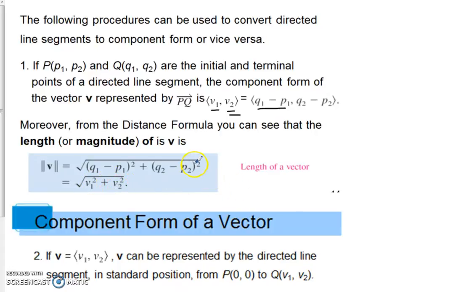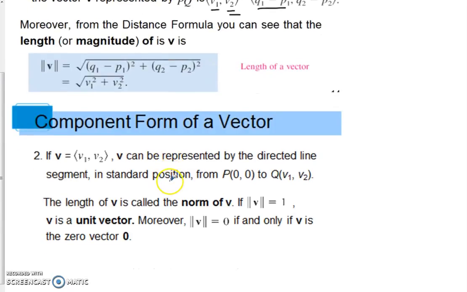Sometimes we're going to be given the points, sometimes we're going to be given the components. So it's important to know the difference. If we have this vector v, it can be represented by this directed line segment in standard position. Its length is called the norm.